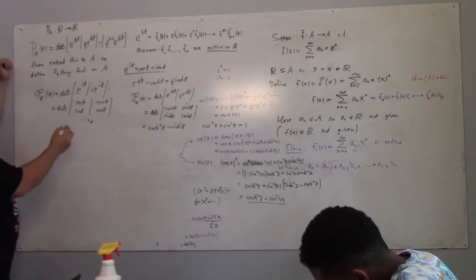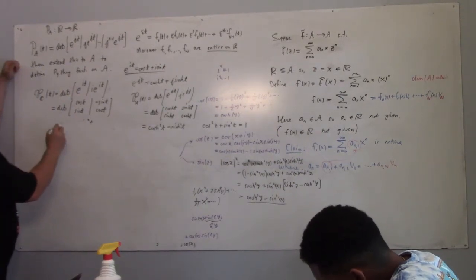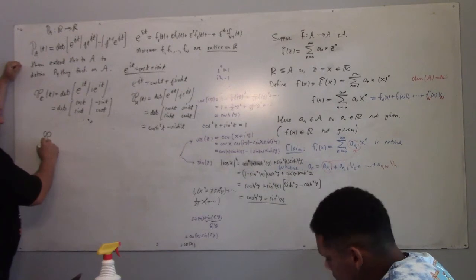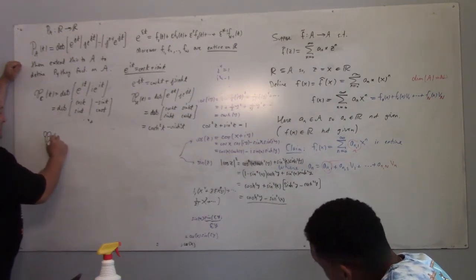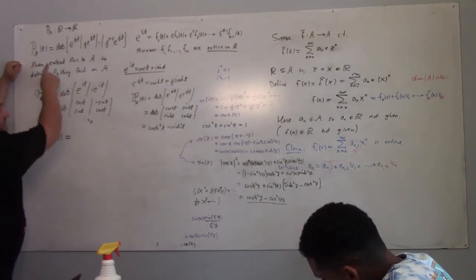So we have P A of t, which is the determinant of that, right?